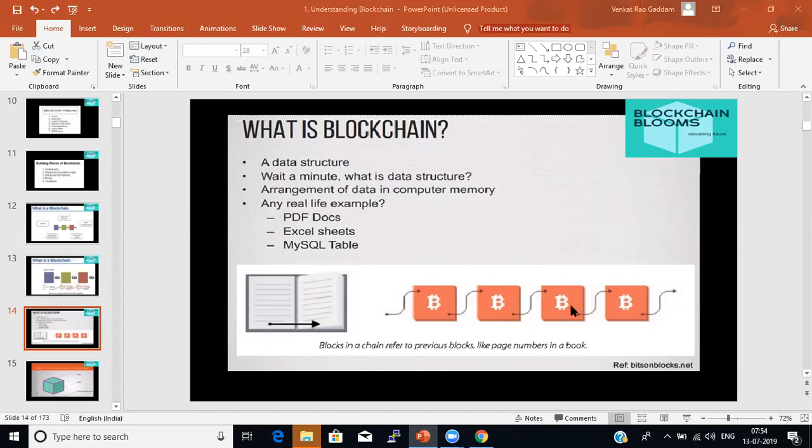Let us assume there are 4 blocks and we are at block number 3. Suppose someone else modifies the second block, so the link will be disconnected from the third block. Why?